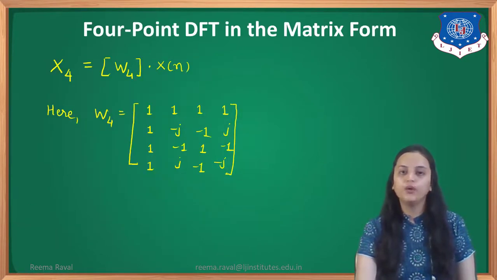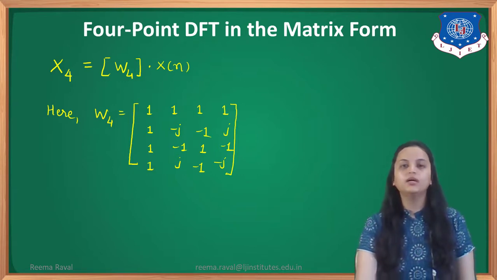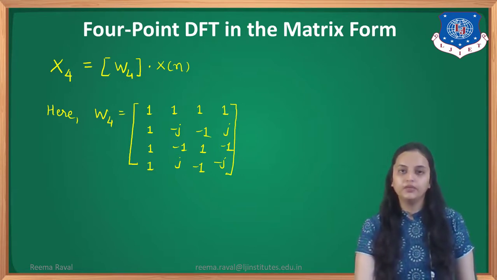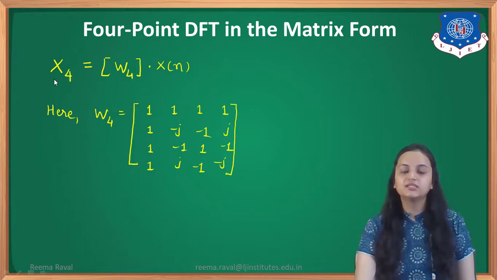Now let us see the 4-point DFT in matrix form, for the mathematical formula. If we find the 4-point DFT in matrix form, it is given as X4 equals W4 times x(n), where x(n) is the original input discrete sequence and X4 indicates its DFT, and W4 is the matrix given like this.